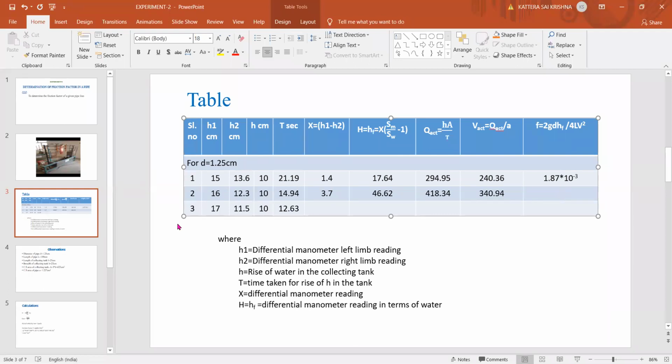Not audible, madam. Just message the answer. In chat box, you can message. Shirisha.